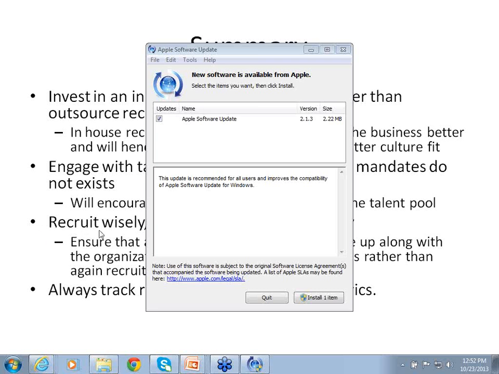How to handle last minute offer declines? Can we take some steps to reduce it? This is a problem that is faced from time to time. Again, if your initial communication to the candidates has been very clear, and we talked about the job reviews and other things, if all those practices are put in place, then obviously many of these last minute rejects will not happen.